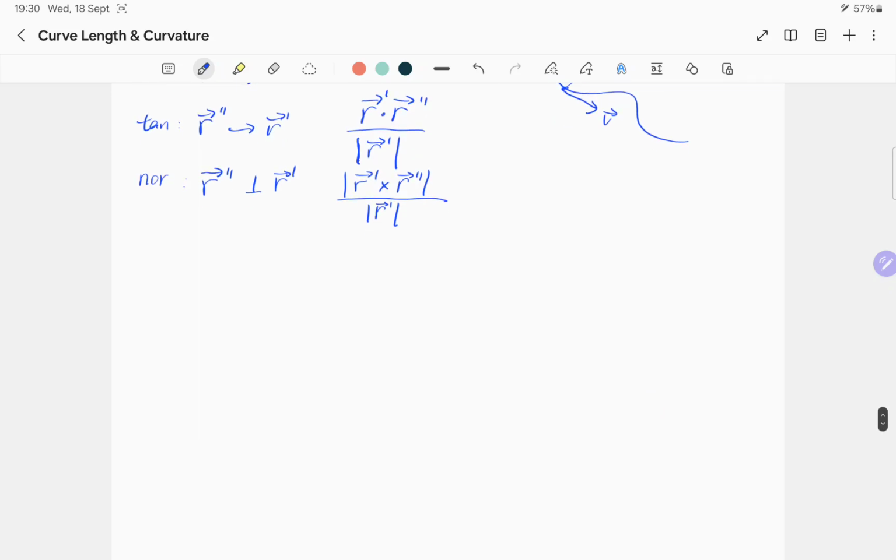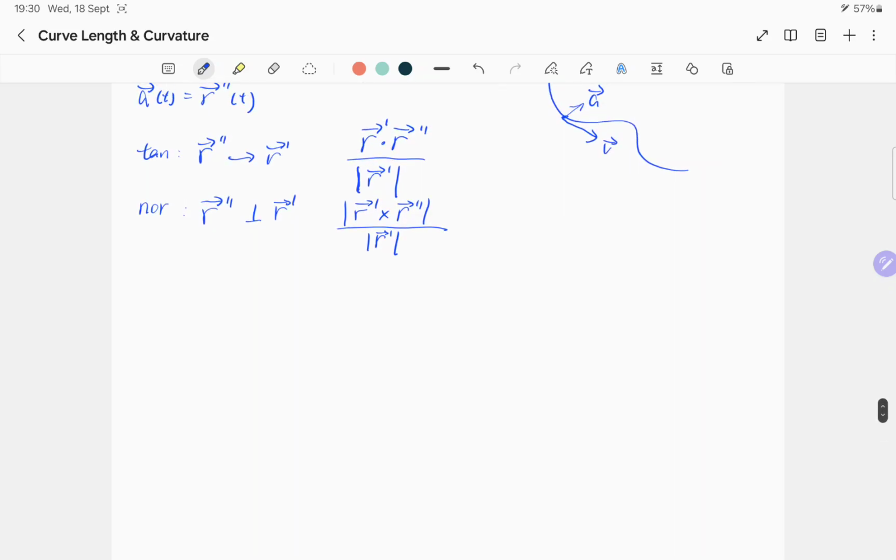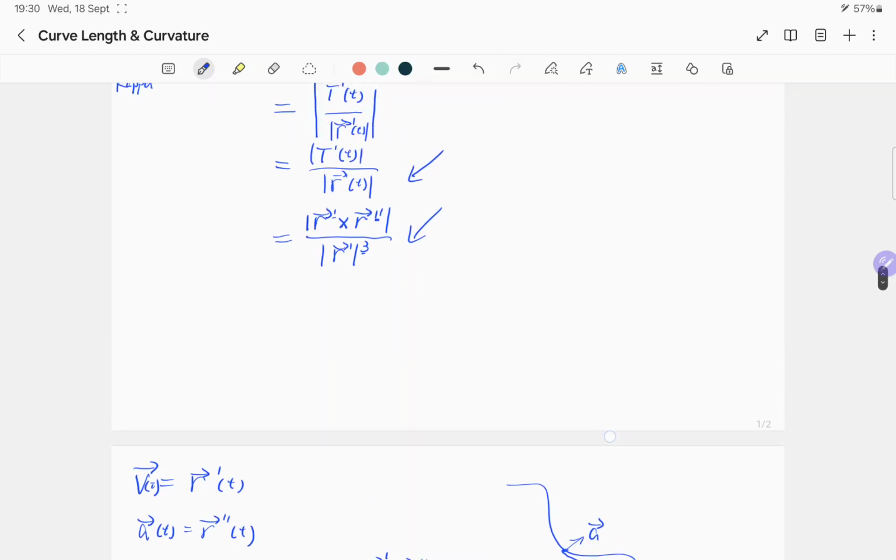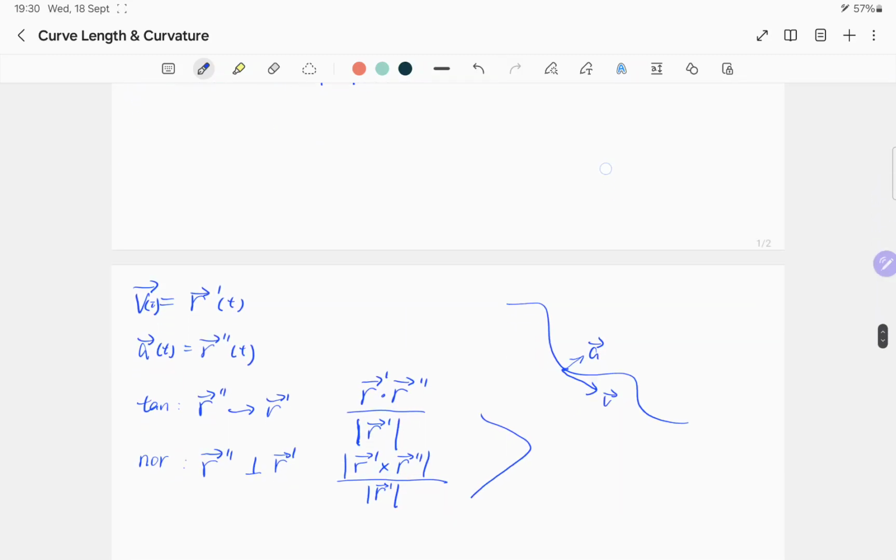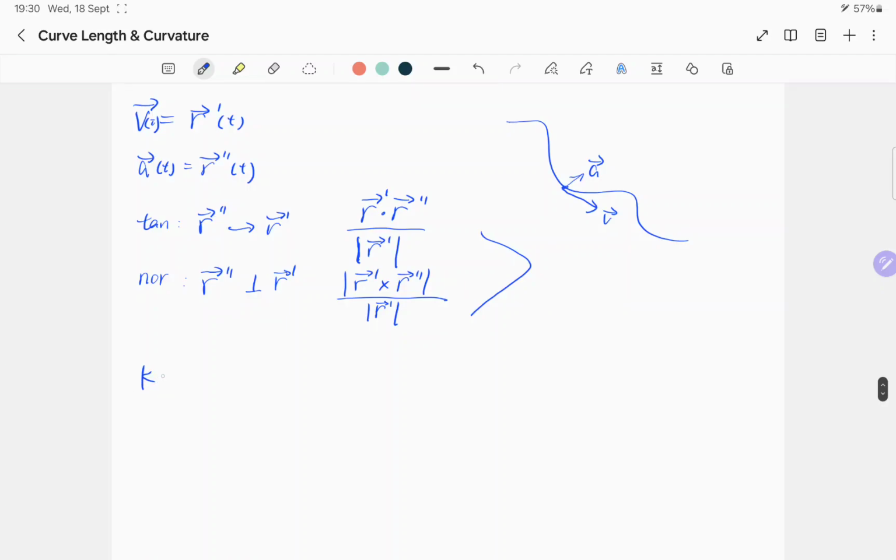However, we can derive something from those two, something that I think is beautiful. Remember what we did with the curvature? We know that the curvature kappa is equal to the magnitude of r prime cross r double prime divided by r prime to the power of 3. This is similar.